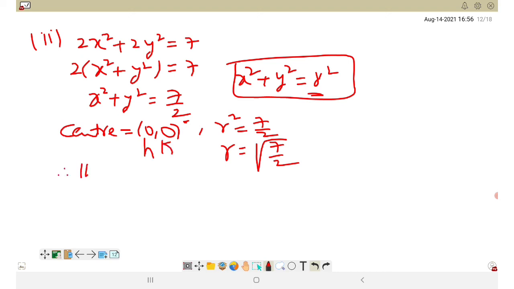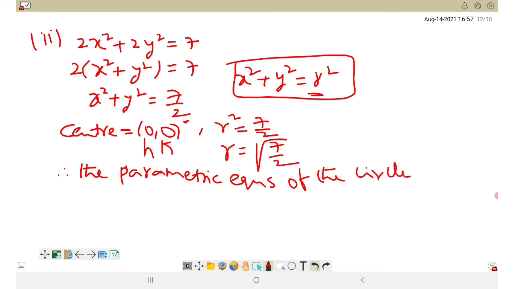Therefore the parametric equations of the circle are x is equal to h plus r cos theta, comma y is equal to k plus r sin theta.